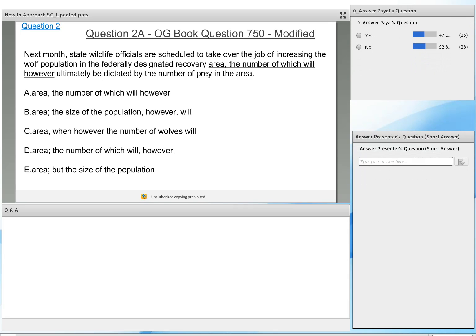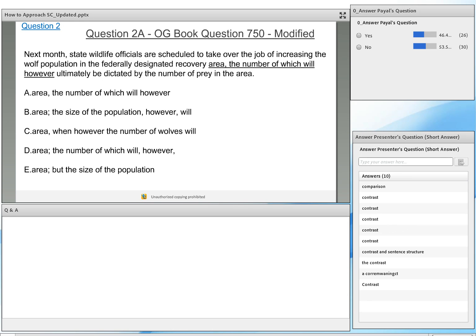The contrast, yes. Contrast and the sentence structure, absolutely. Was the sentence structure a bit more complicated in the second question? Yes, it was. Was the context a bit more difficult in the second question?